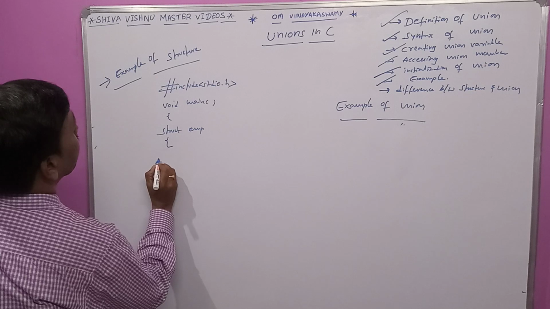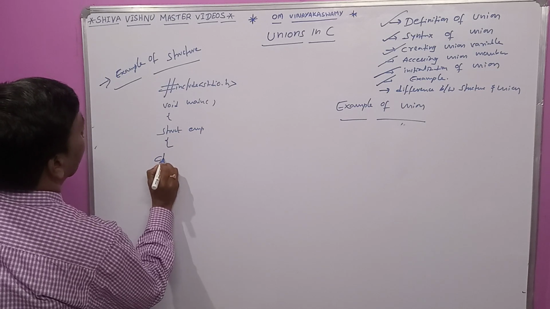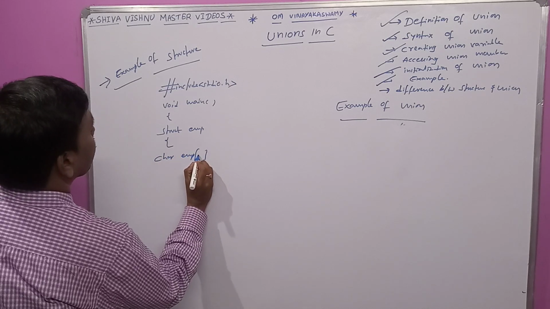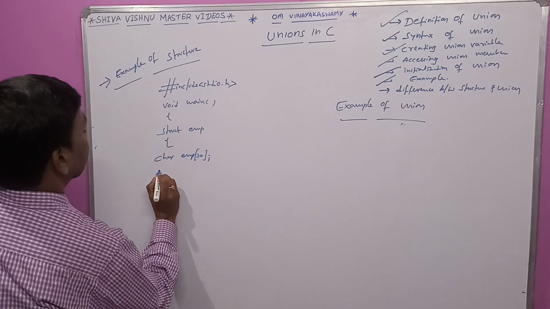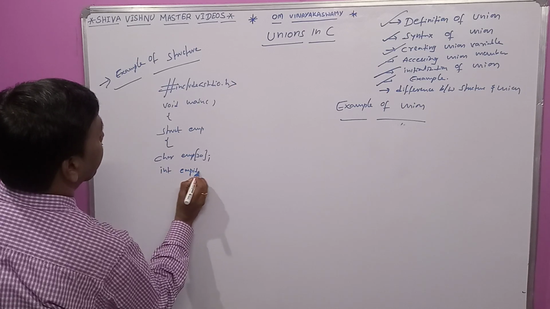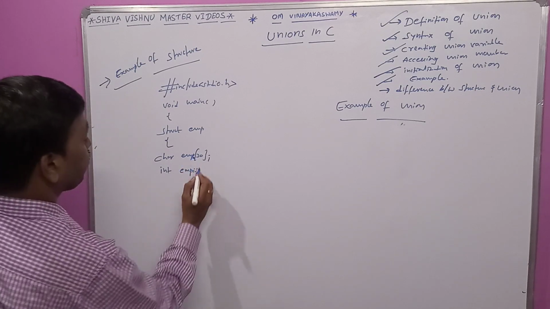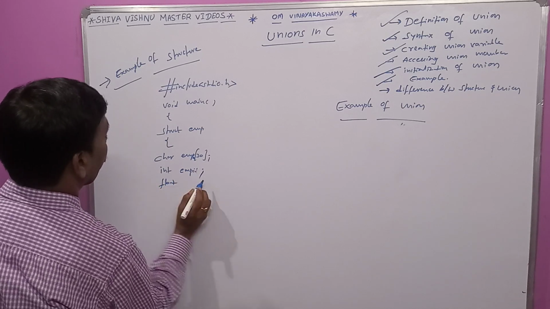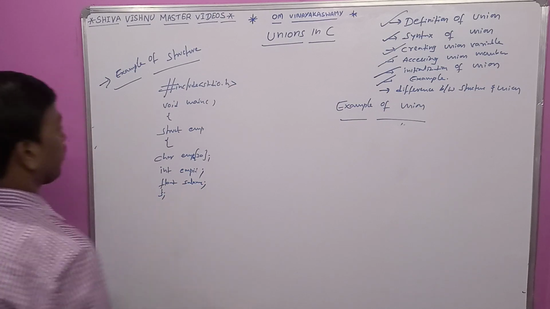Here you can see the employee name is a character array emp, size 30, semicolon. Next is int, the employee ID. Then float salary, semicolon, close semicolon.